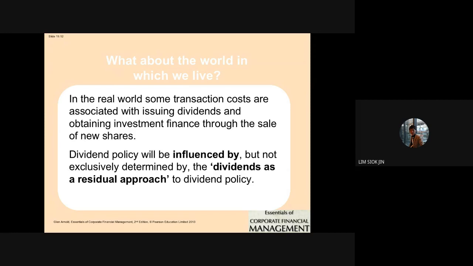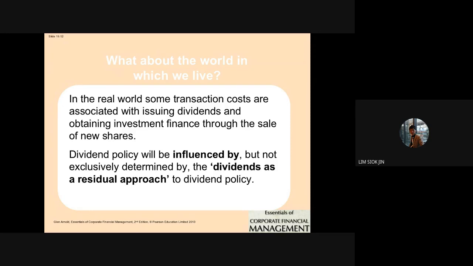In the real world that we live in, there are some transaction costs involved when you issue dividends, and through obtaining investment by selling new shares. And dividend policy will be influenced by the residual approach.